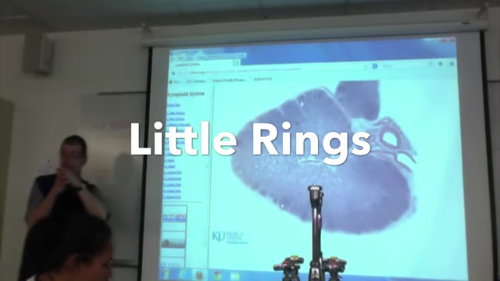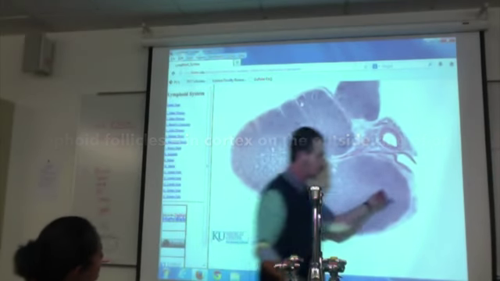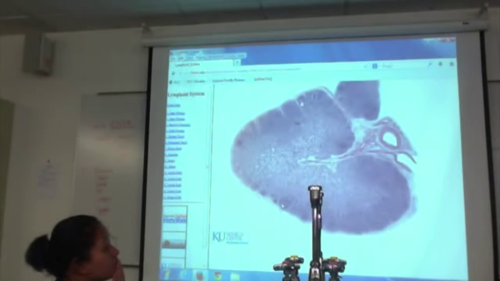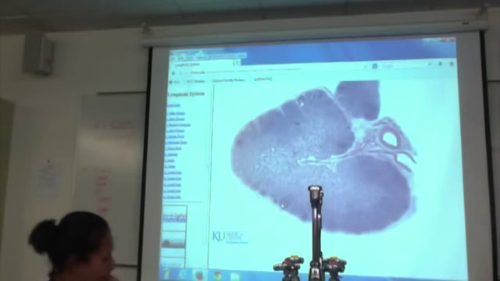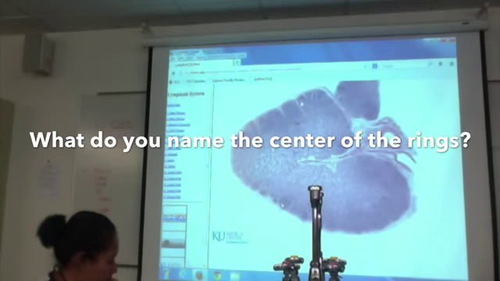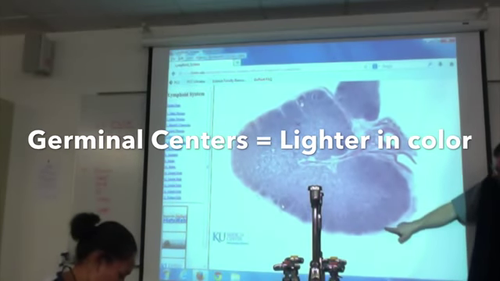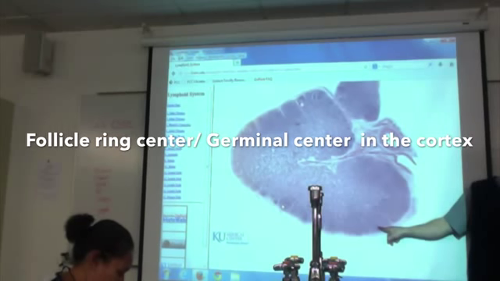So the follicles are in sort of the cortex, or along the outside ring of this organ. So those would be the follicles of the dark, ringy looking things, right? What do you call the center of the rings? Germinal center. Those are lighter in color normally. So here I have a ring follicle with a germinal center in its center, in the cortex.